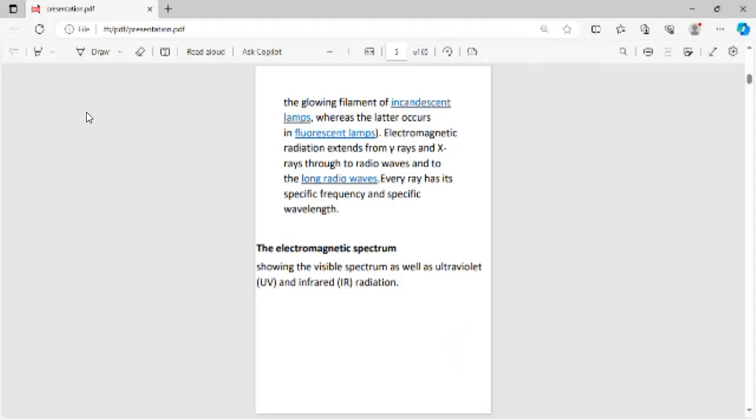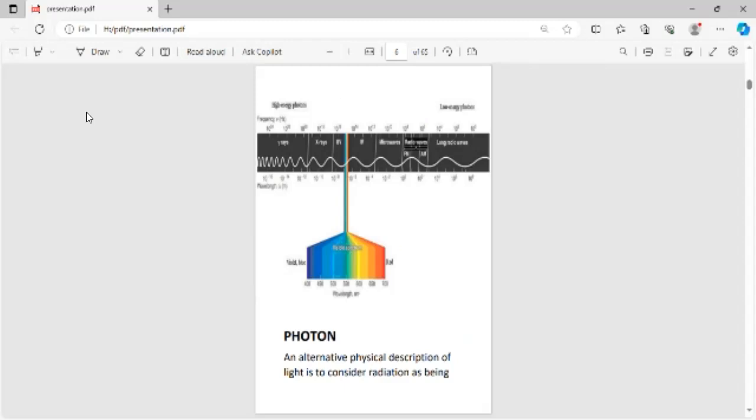Each ray has its own specific frequency and specific wavelength along with its specific energy. The electromagnetic spectrum. The following diagram shows the visible spectrum as well as the ultraviolet and infrared radiations. This diagram shows the whole electromagnetic spectrum along with its specific frequency and wavelength.